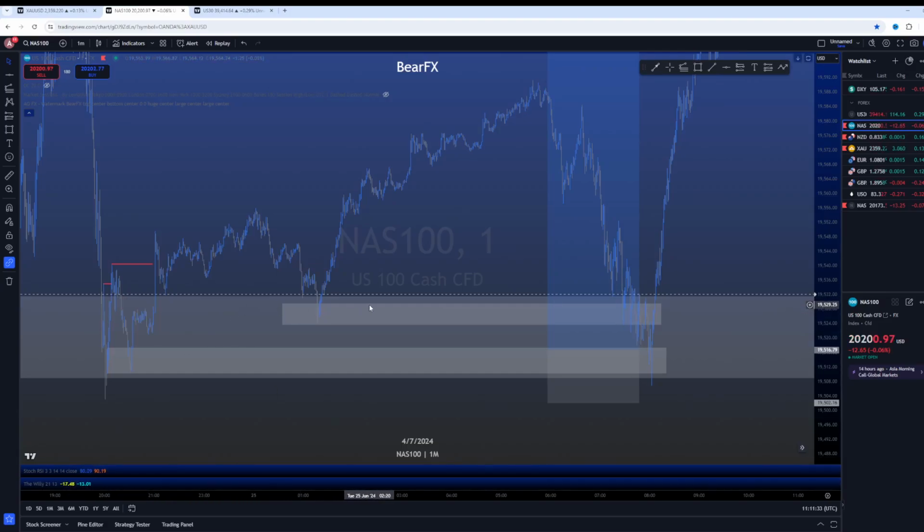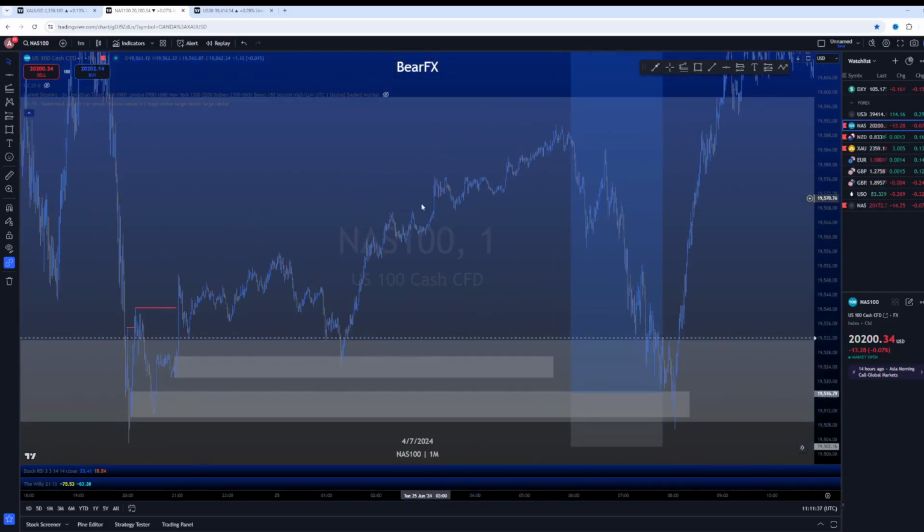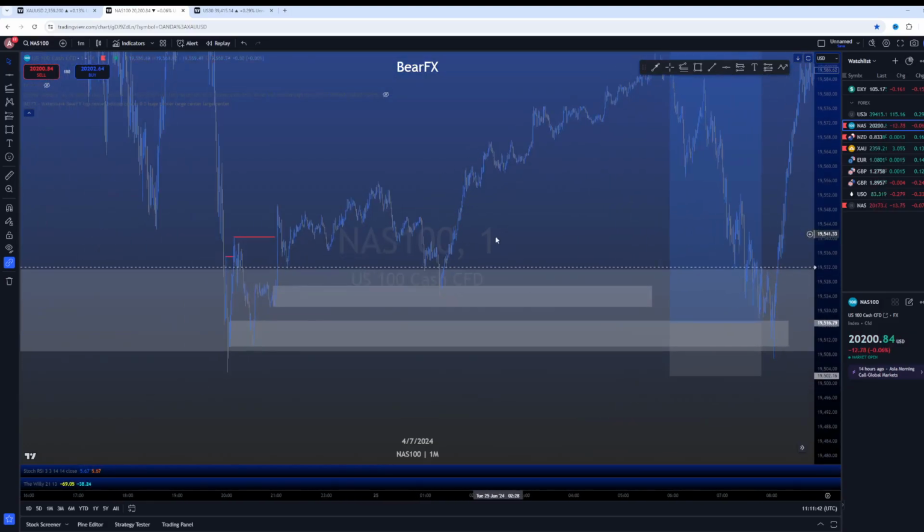You could have even got in on this one, and you would have got a 2 to 1 risk to reward from this area as well. Because the price pushed up, this candle caused this break of structure here, so you can use that zone. We went in this zone because it caused a change of character, touched in, boom. This one caused a break of structure, use this one, boom. It's that simple, that effective.